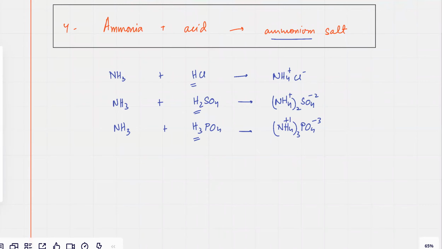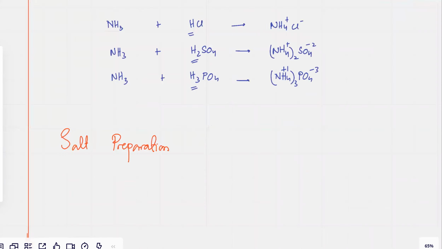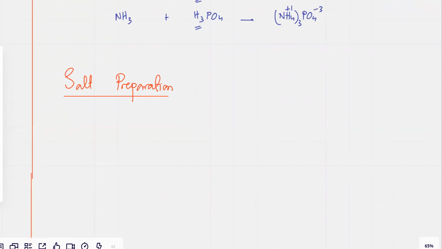So now we're going to move towards the methods of preparation of salts. Salt preparation. Now remember, we have extensively done 4 reactions that prepare a salt.